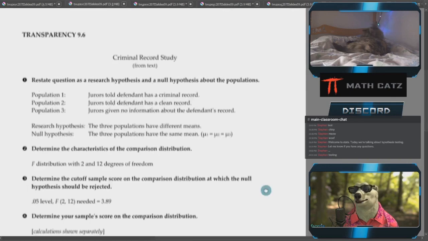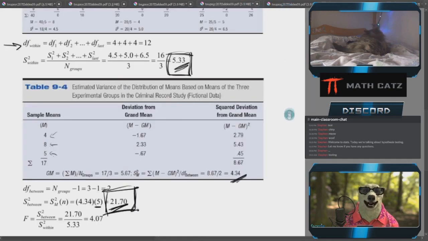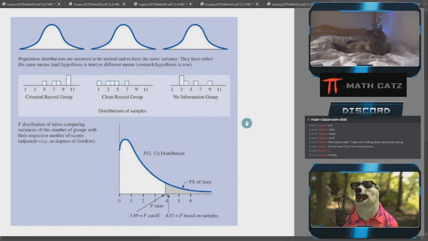So here, this is our situation. We had our different groups, some variation between them. We calculate the F ratio, and we get 4.07. But our cutoff is 3.89.